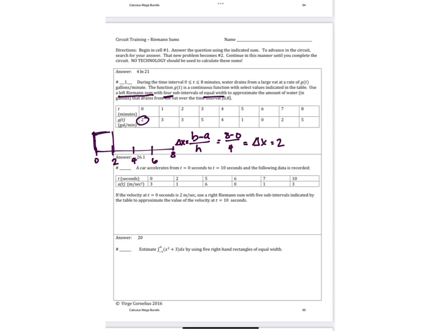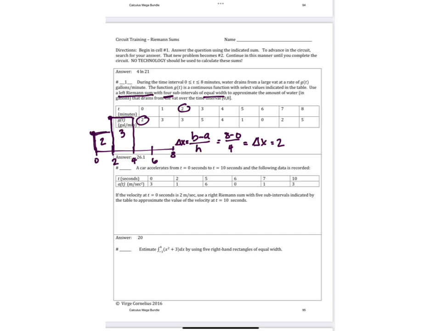Now, how tall is my second rectangle going to be? 3. Because I'm reading g of 2. G of 2 is going to be 3 high. The left corner is going to go up to 3.